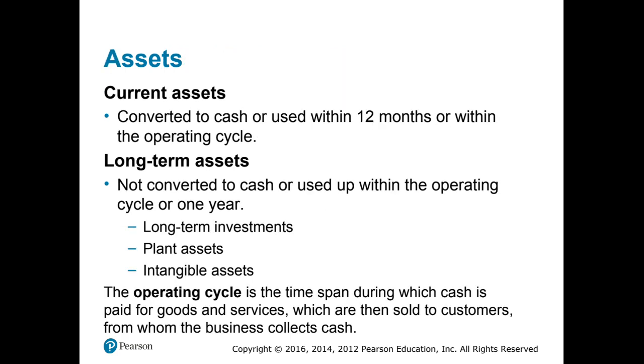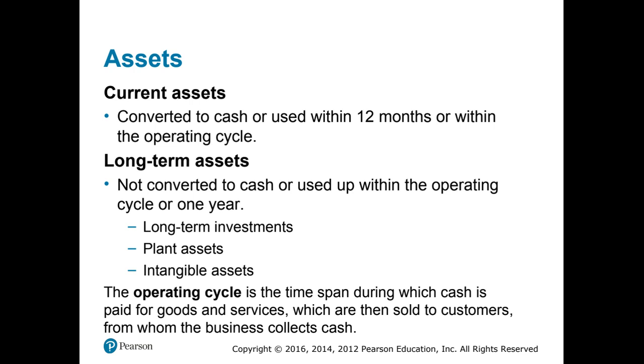So when we're talking about assets, we have current assets, long-term assets. Current assets are normally assets that can be converted to cash or used within 12 months or within the operating cycle. Long-term assets are not converted to cash or used up within the operating cycle or 1 year.